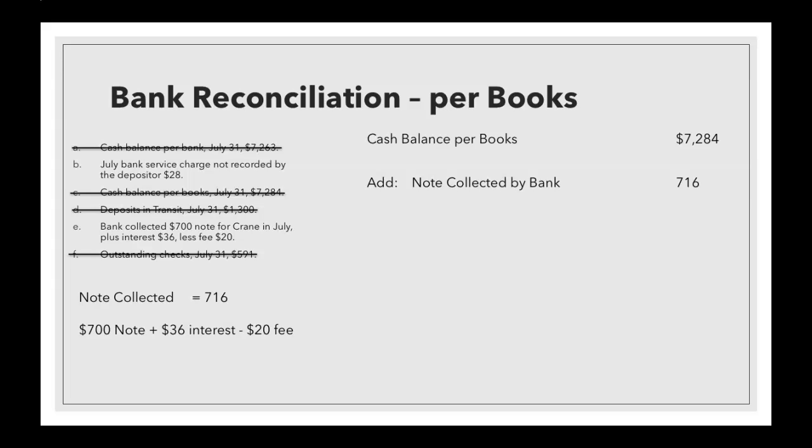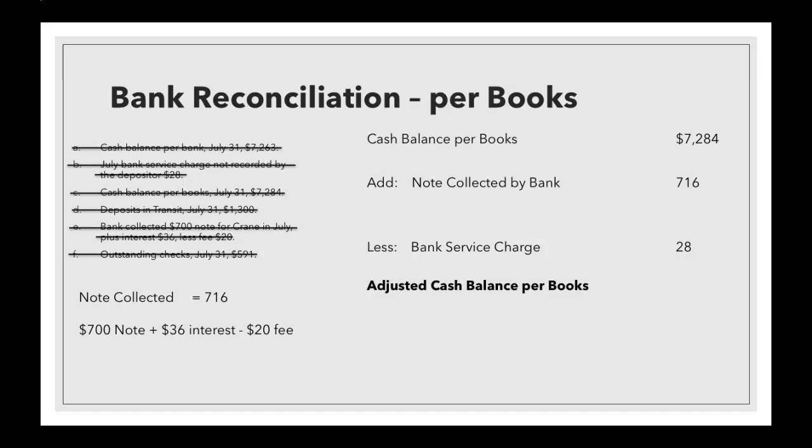So that $716 is what we are going to record on our bank reconciliation. Then what gets subtracted? Well, that's that bank service charge, right? Because we have to pay the bank this $28.